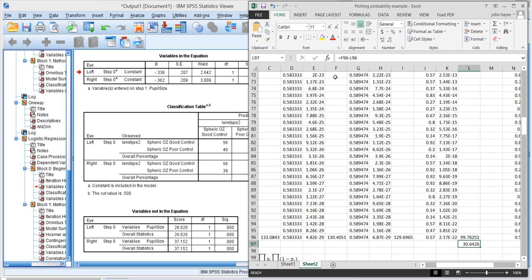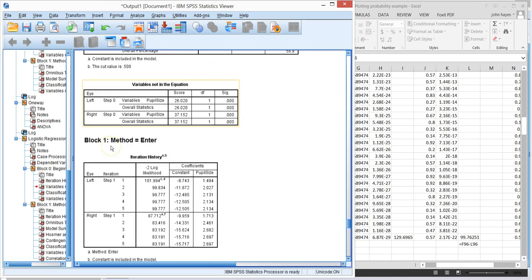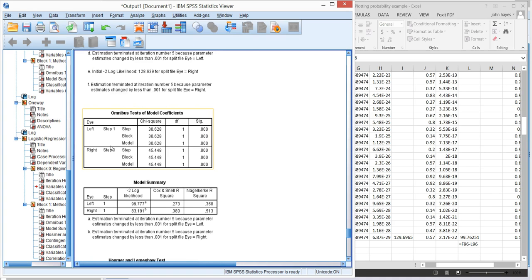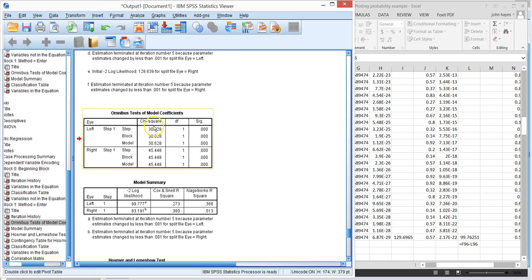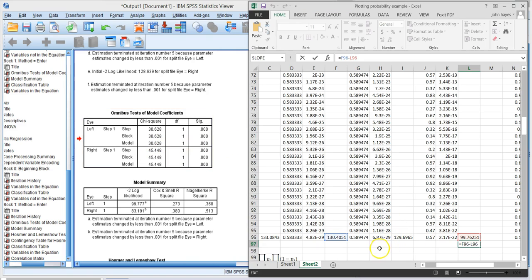If we subtract 99 from 130, this is a chi-square. Now if we look over here in our model, chi-square, we can see the omnibus test of model coefficients, and that's a chi-square of 30.62.